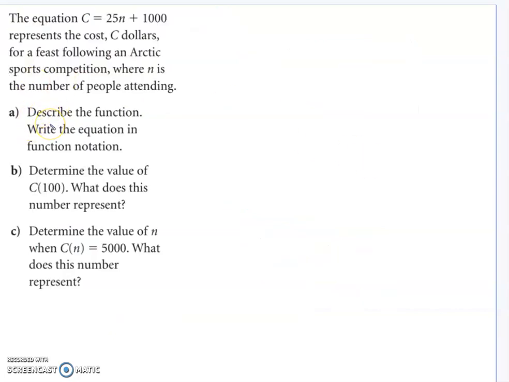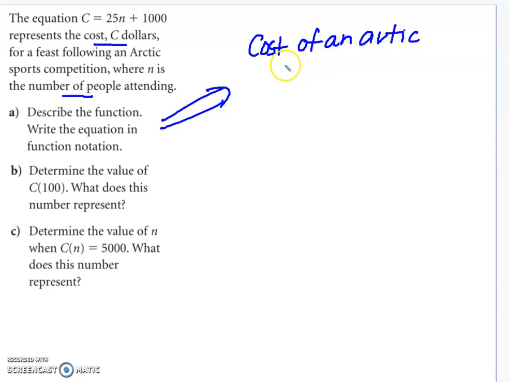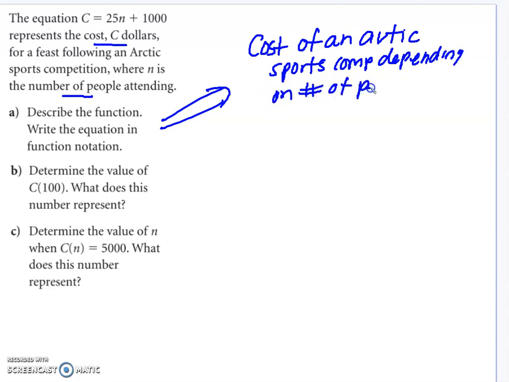Then when we're looking at applying that understanding, we have an equation that represents the cost in dollars for a feast for an Arctic sports competition, where n is the number of people attending. Describe the function and write the function in function notation. We could say the function represents the cost of an Arctic sports competition depending on the number of people attending.